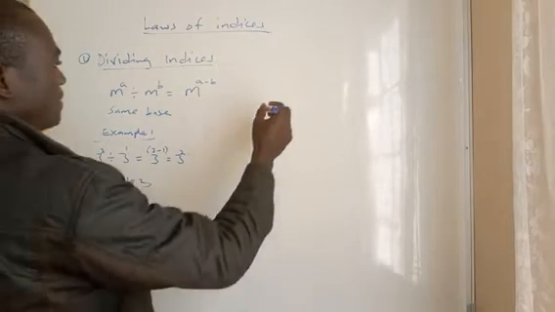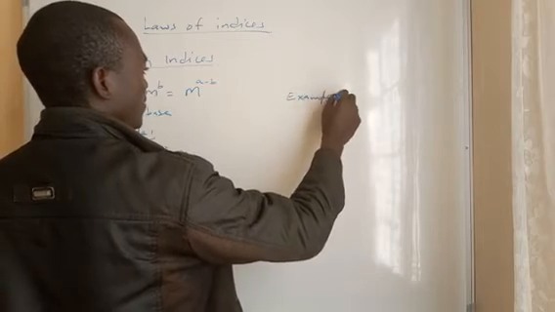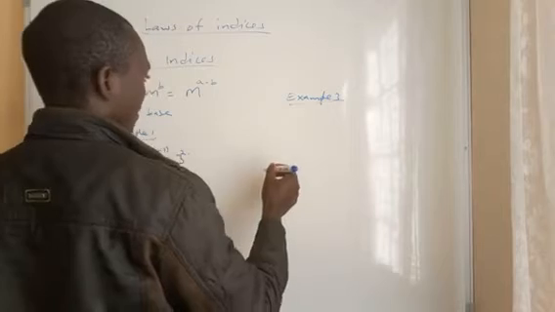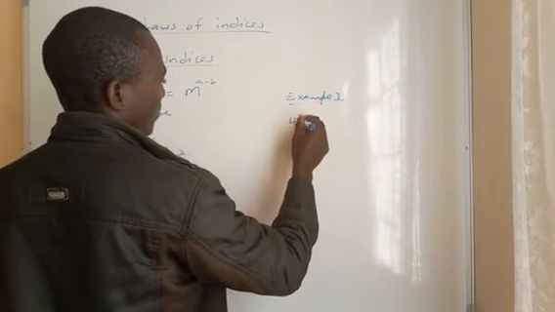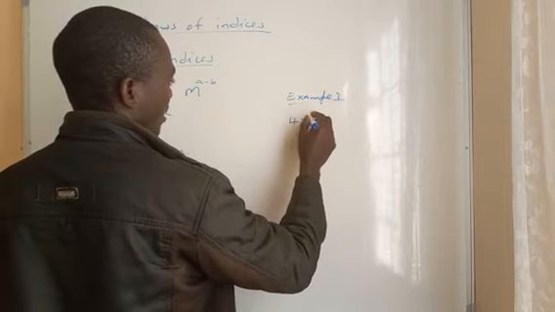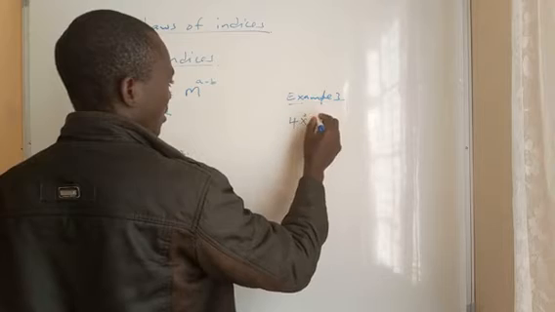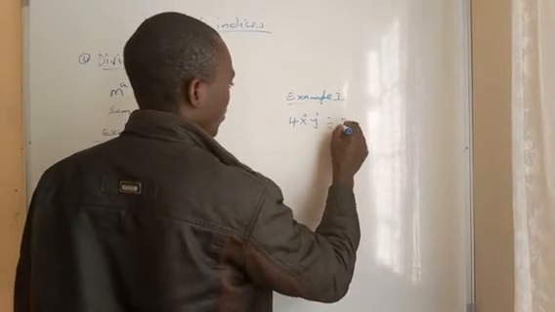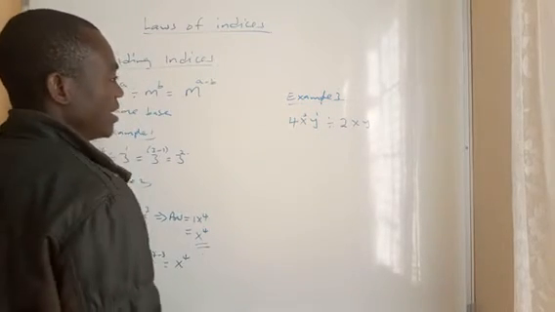Example 3. If I have something of this sort, I have 4x^3y, then we divide by 2xy. Let's deal with this separately.